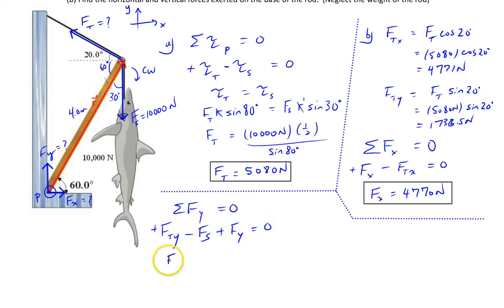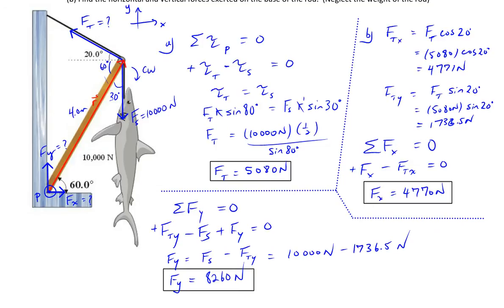So Fy will be equal to the force of the shark minus the vertical component of that tension. The force of the shark is 10,000 newtons, and the vertical component of that tension, Fty, was 1,736.5 newtons, around there. And that gets you a vertical component of that force of 8,260, we'll just round off to 60 newtons. And that's it for the problem.